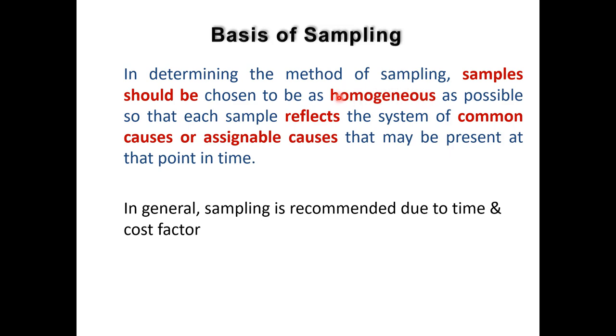Homogeneous means that you are assuming these sample observations are produced under the same operation condition. They are exactly the same, regardless of which sample observation you select. They are actually the same with one another because they are operating under the same condition. That is a very important assumption that you have to come up with.